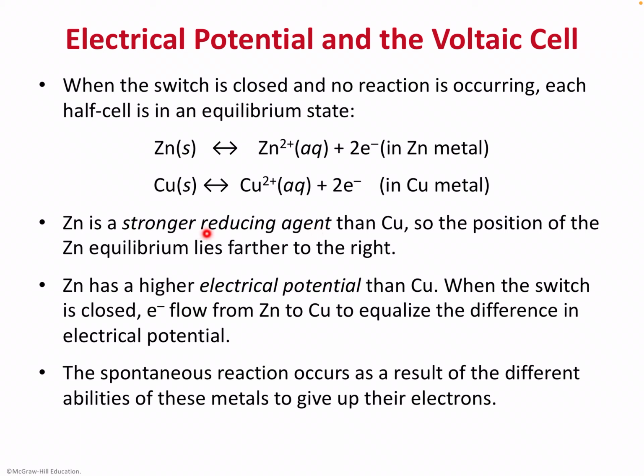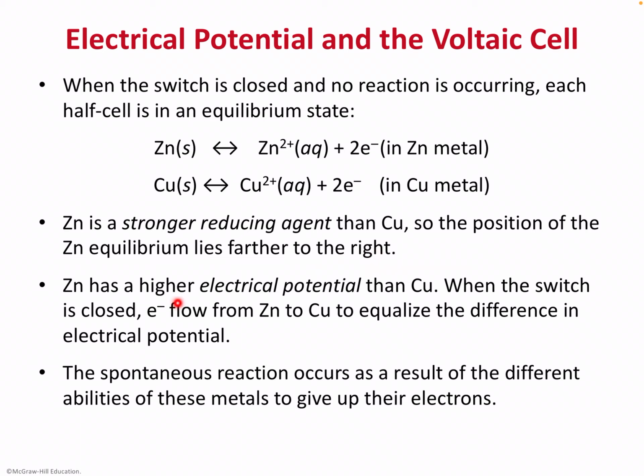So zinc is a stronger reducing agent than copper. So the position of the zinc equilibrium lies further to the right. Since zinc is a stronger reducing agent, in this reaction equilibrium will favor the forward reaction, or we say equilibrium lies further to the right.